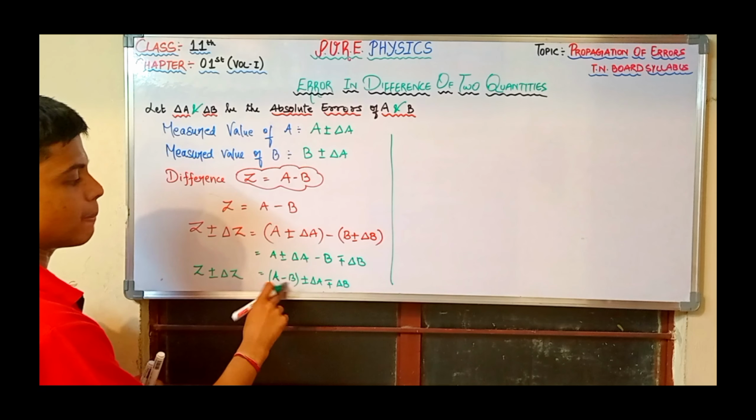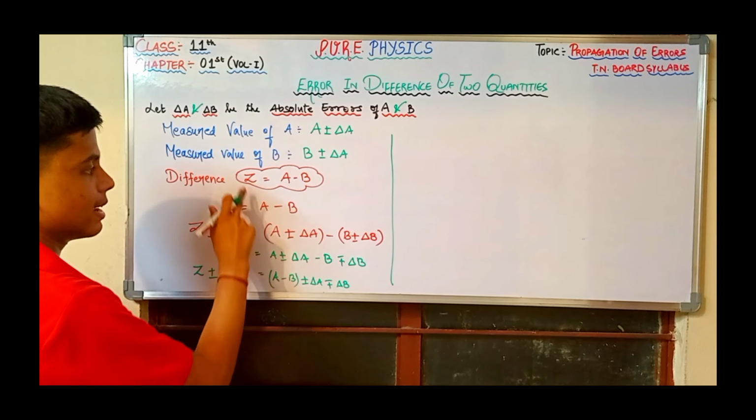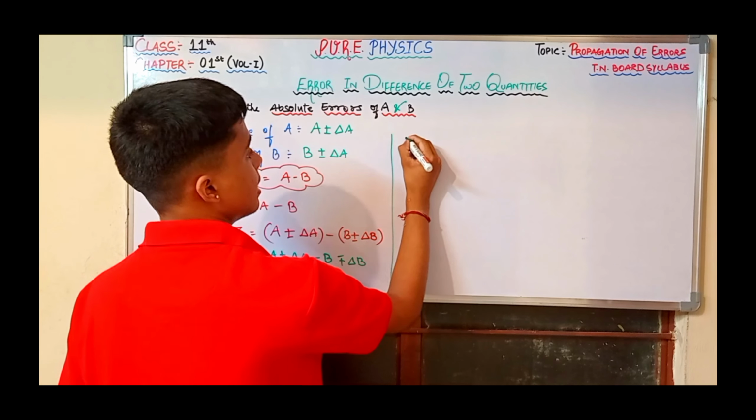Now, do I know A minus B as Z? Because the starting step of my derivation is Z is equal to A minus B.